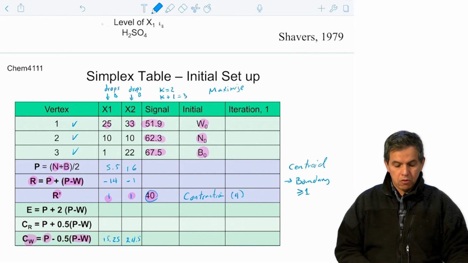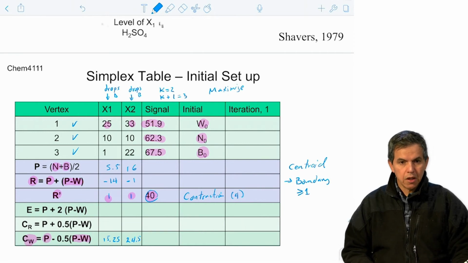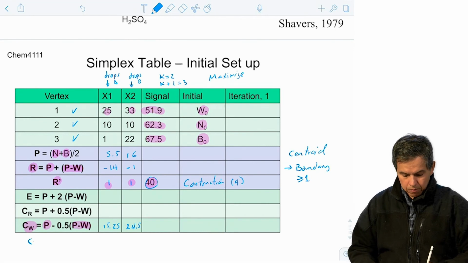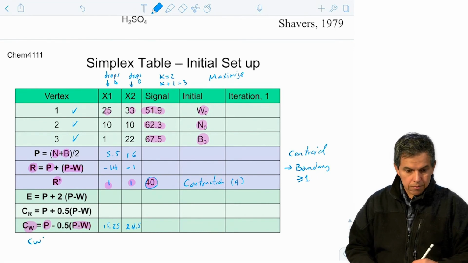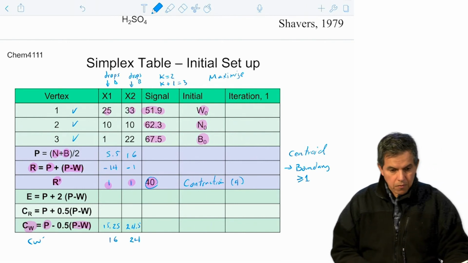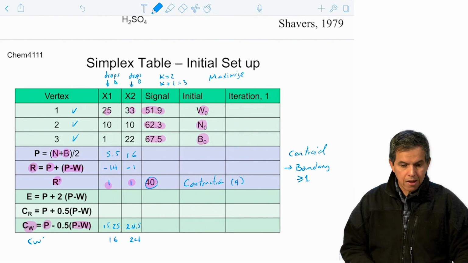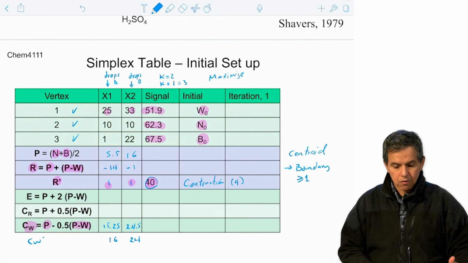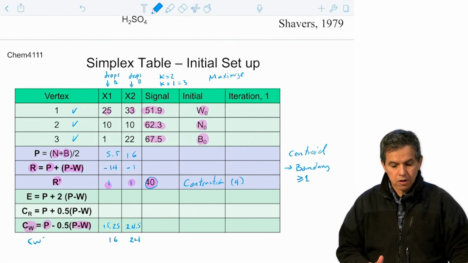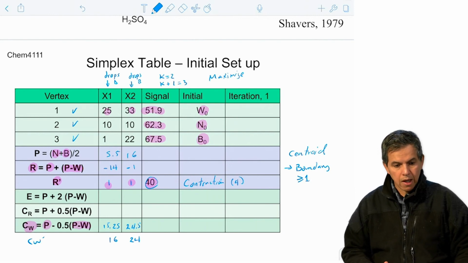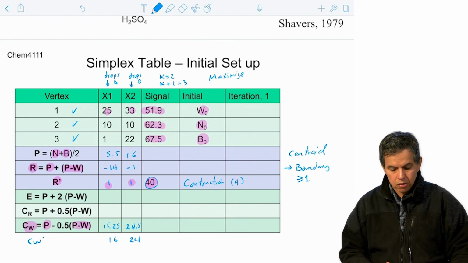Clearly, we need to measure drops, and we are not going to be considering numbers that are not integer here. So we can round up that CW to 16 and to 24. So the ideal situation would be that if we want to continue, this finishes the first or initial setup of the simplex. Now the ideal situation would be to take these numbers and do a second iteration.